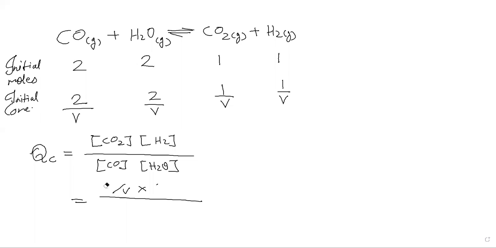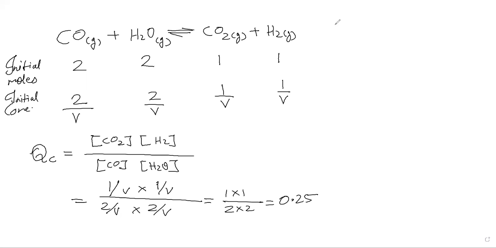It's 1 by V. Concentration of hydrogen is 1 by V. What is the concentration of carbon monoxide? 2 by V into 2 by V. So this V term gets cancelled from numerator and denominator. I'll get the answer here 1 into 1 divided by 2 into 2. So that's 1 by 4, which is equal to 0.25.